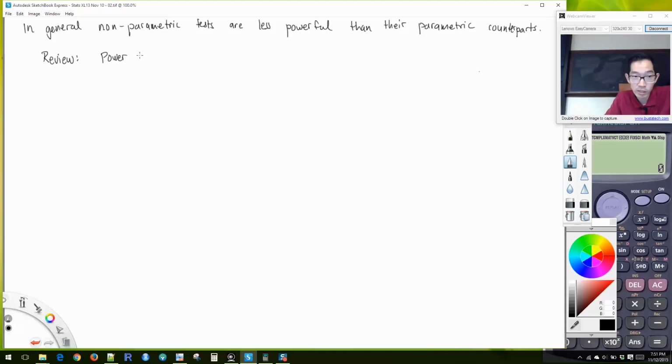Power is defined as 1 minus beta, or 1 minus the probability of committing a type 2 error. So what is type 2 error? Okay, so 1 minus the probability of a false negative. So what would power then be?